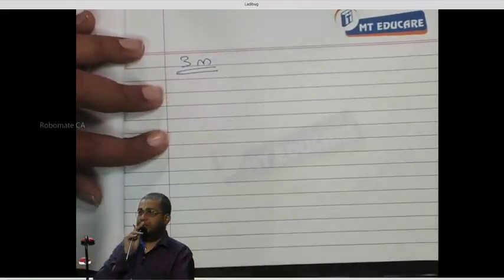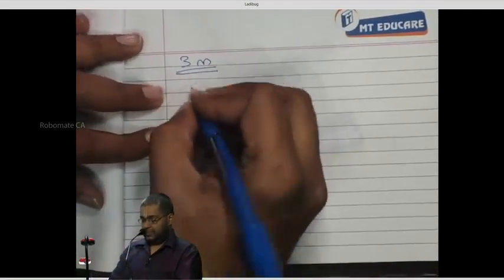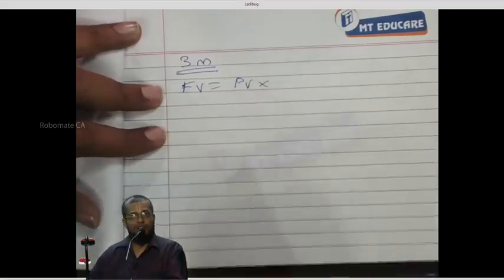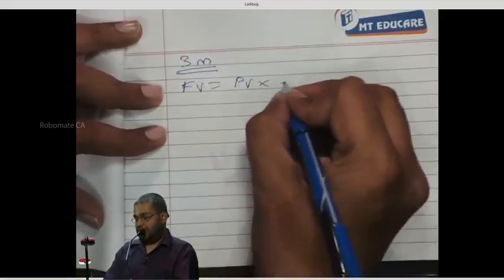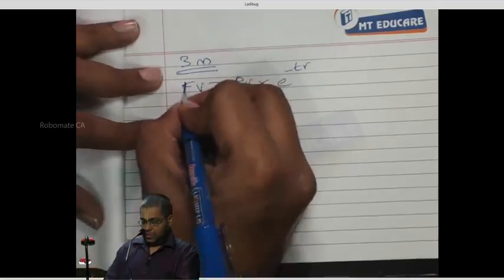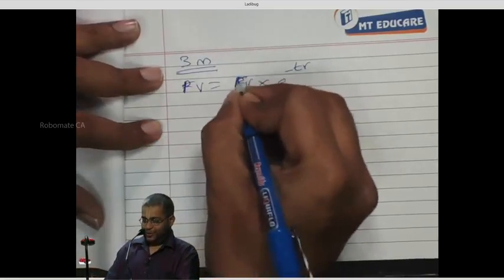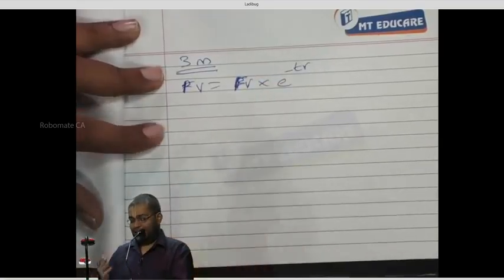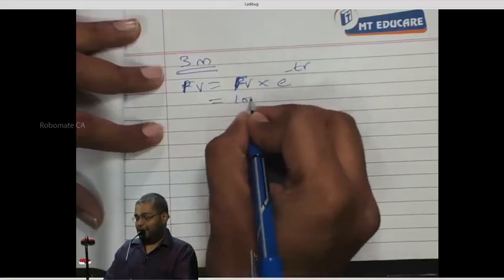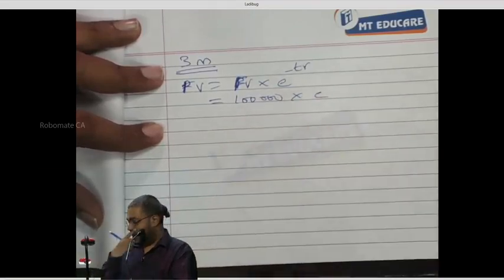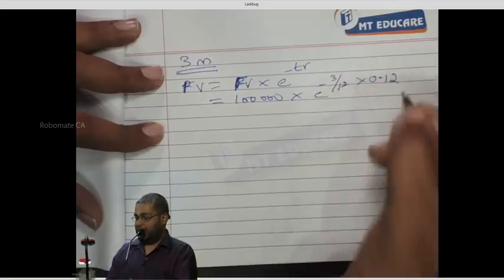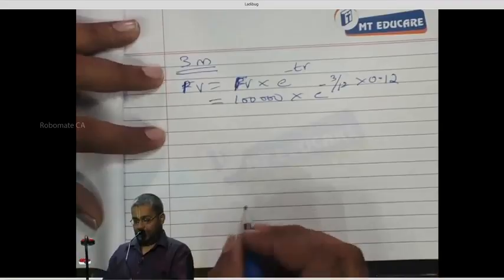Please, 3 months. Future value is equal to present value into e power tr, so present value is equal to future value into e power minus tr. Can I proceed? Now, what is the future value? 1 lakh into e power minus, how many years here? 3 by 12 years, into r, which is 0.12.